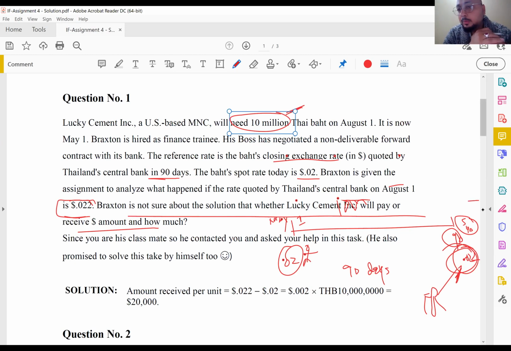So what is the difference? The difference is how much he needs to pay or receive. He enters into a contract.